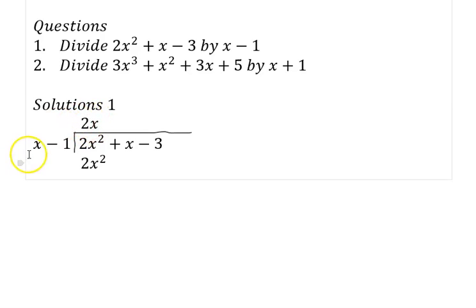This 2x times this x will give us 2x squared. Now the next thing is this 2x times this minus 1. 2x times minus 1 will give us minus 2x. That's as easy as that. So what we are now going to do is subtract this and this. Let's see how we can subtract.